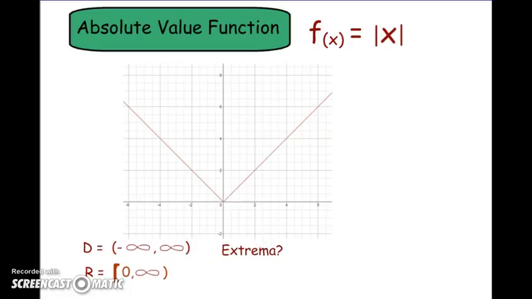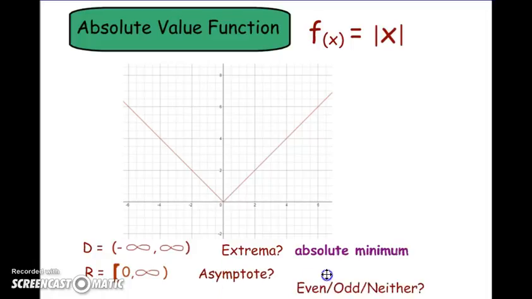The extrema is right here, where the function changes from decreasing to increasing. And that is an absolute minimum. There are no asymptotes. And the function, do you think it's even or odd, or neither? Well, it's clear that it has a symmetry about the y-axis, and that's one feature of even functions. So the function is indeed even.